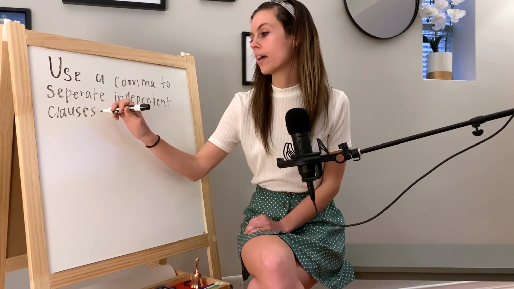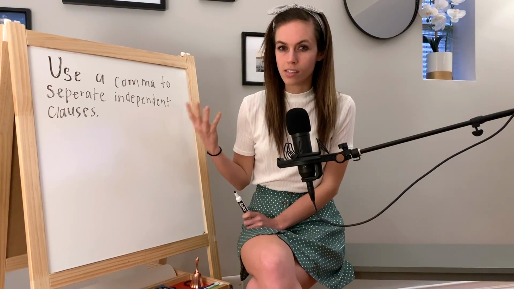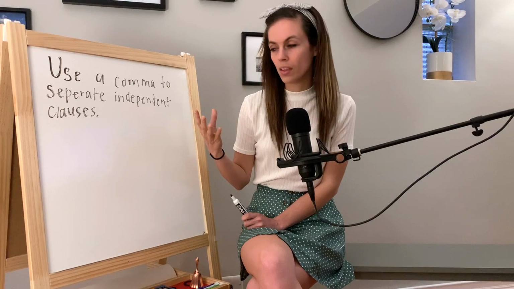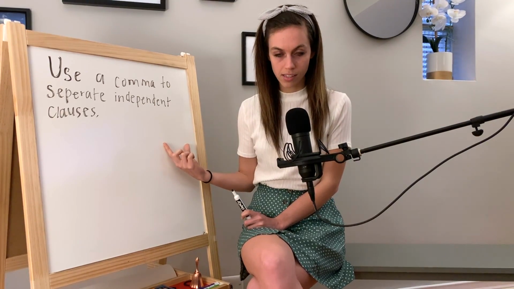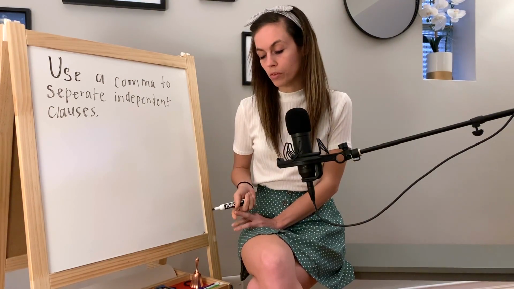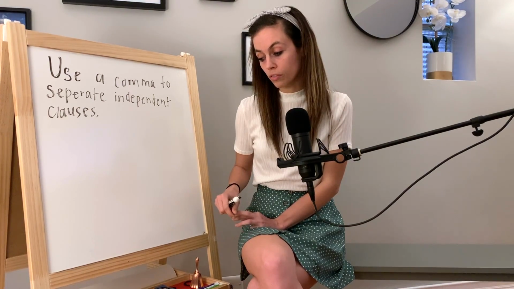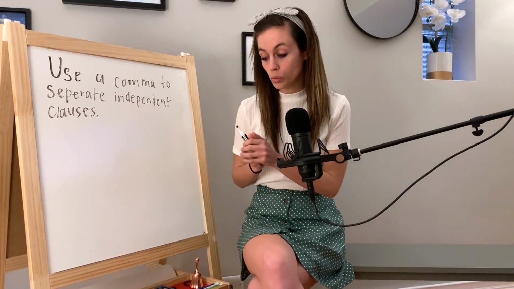And basically what that means is, a clause is, if it can be independent, that just means a sentence that can stand on its own. But you usually have 2 independent clauses, and there might be a conjunction, like for example, and, but, yet, or, nor, or for, and those will join the 2 complete ideas.